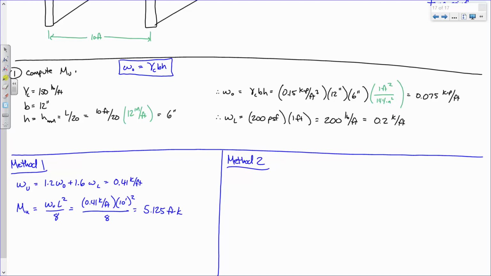What you could do is compute just a dead load moment, in which case it would be WL squared over 8 for the dead load, and then for the live load do the same thing. So let's do each of those separately. And I know you might be like, what are you doing? There's a reason why I'm doing it. Trust me.